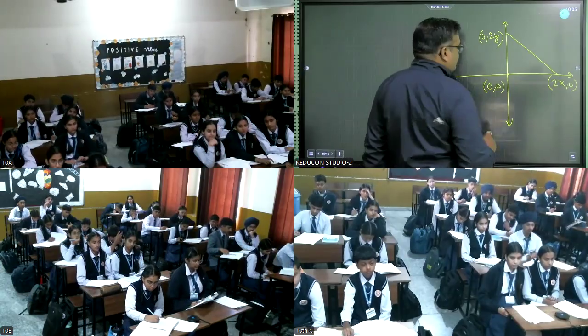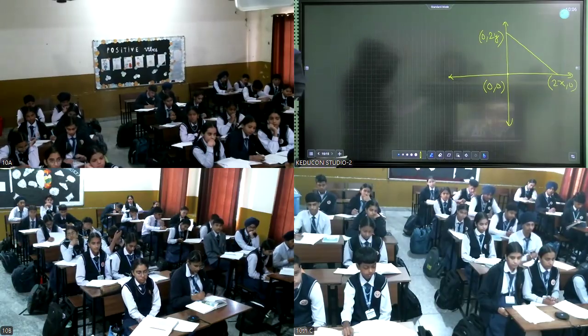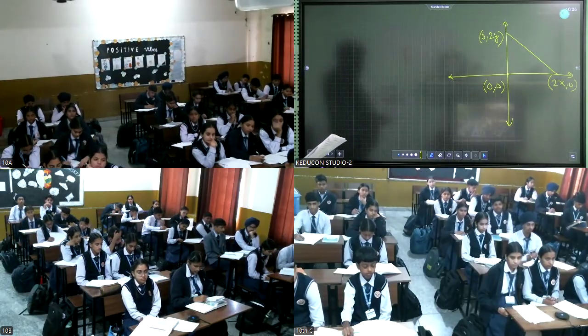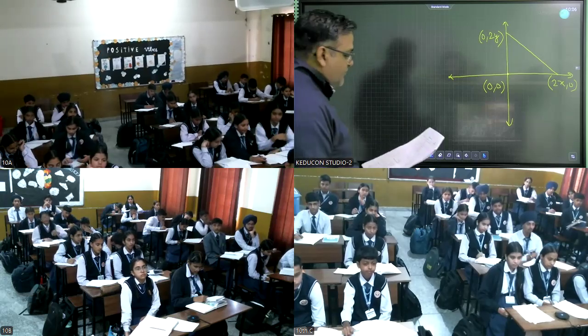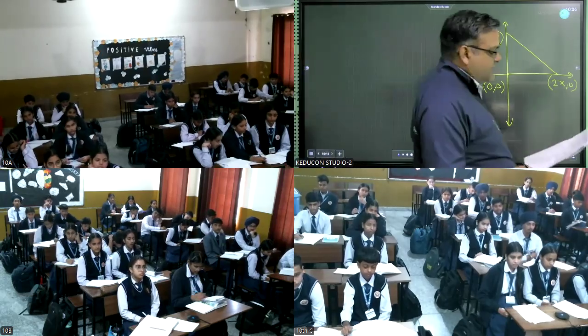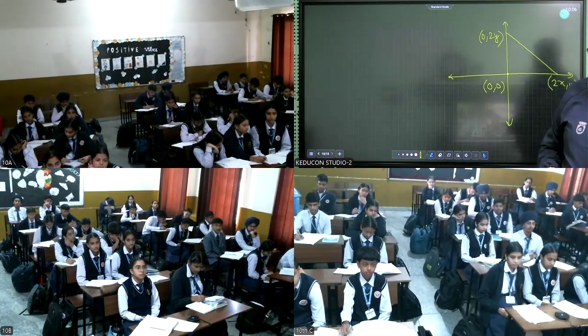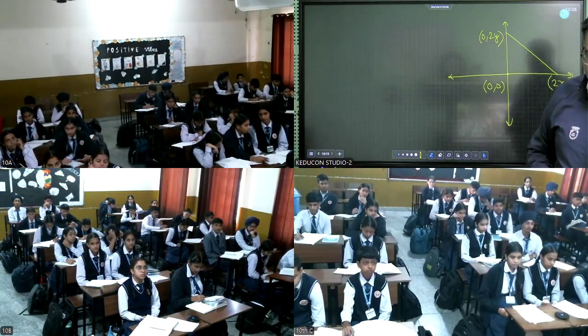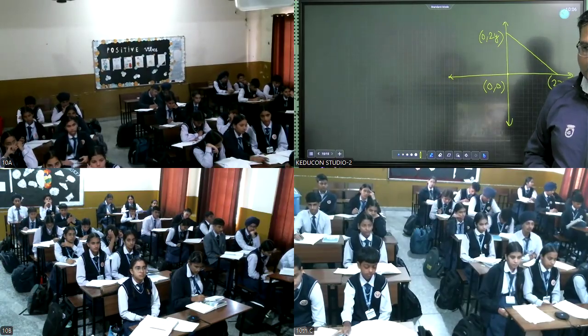These are the vertices of the triangle. We have to check which of the following point is at equal distance from this. The coordinates of the point which is equidistant from the 3 vertices of the triangle shown in the figure. How to do this, students? We have already done this question earlier also.